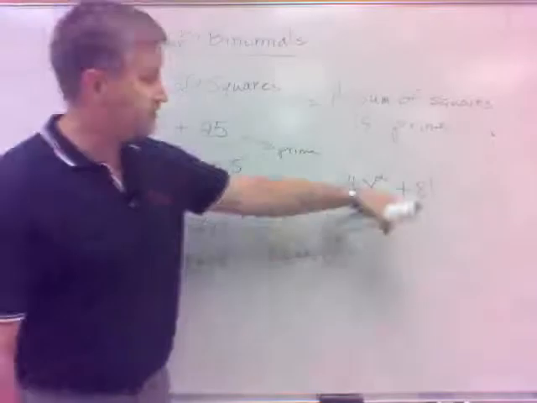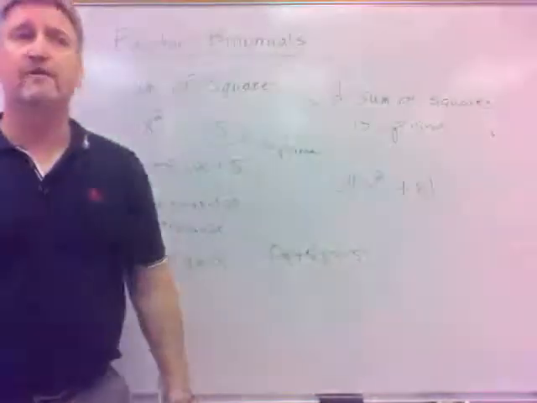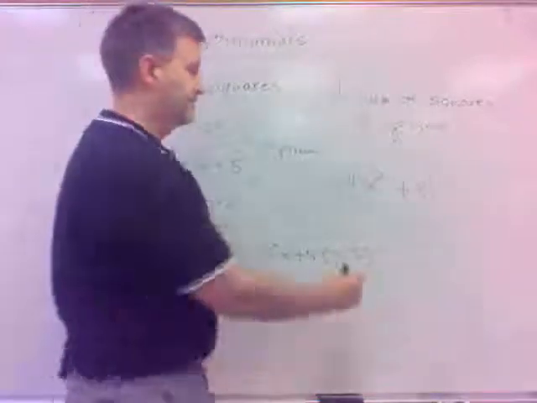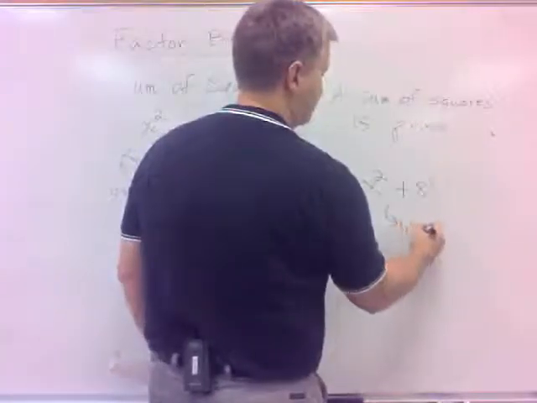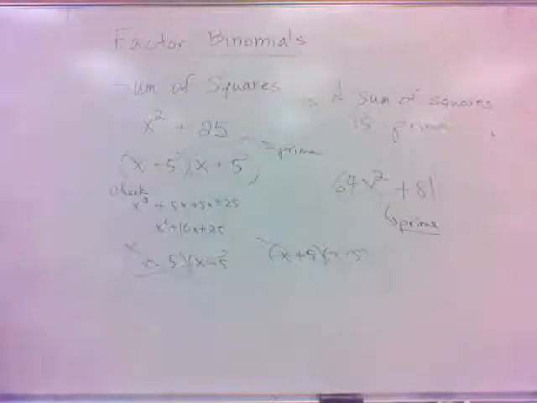Yeah, those are squares. That's a square. 8 squared, 9 squared. However, it's a plus between them. Unless it has a GCF or something like that. But okay? Question or concern? Sum of squares is prime. The difference of squares, we'll be able to factor it, but not a sum of squares.